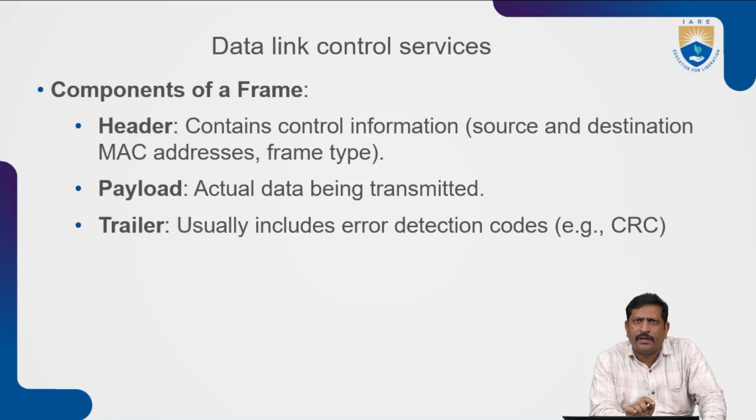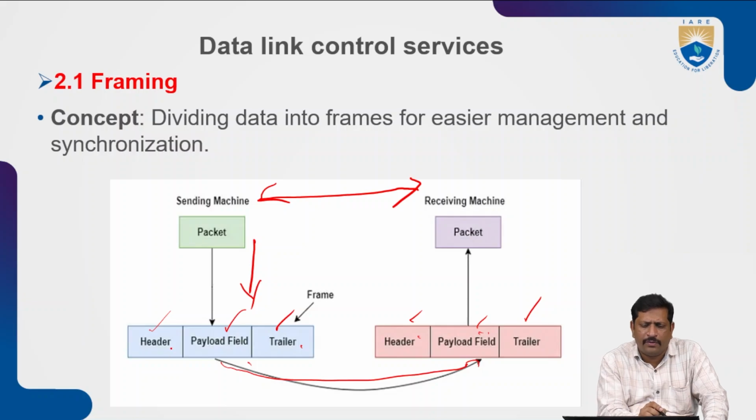Generally in data framing, we use three components: a header component, a payload field, and a trailer field.